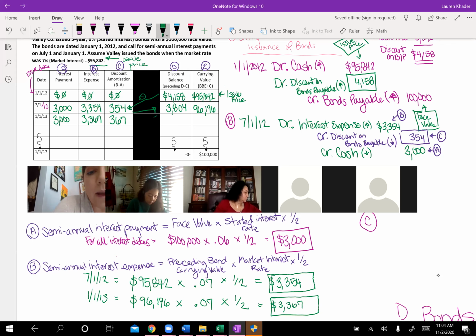Our discount balance is again going to be reduced. 3,804 minus 367 gives us a new discount balance of 3,437.